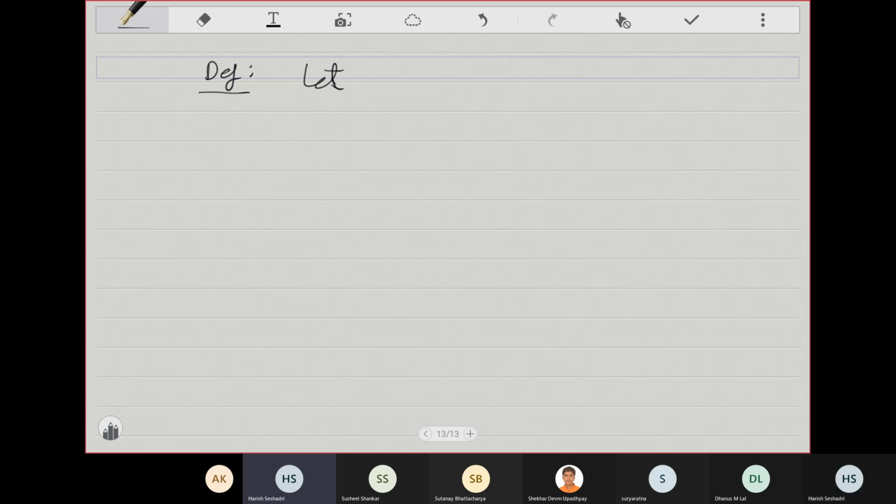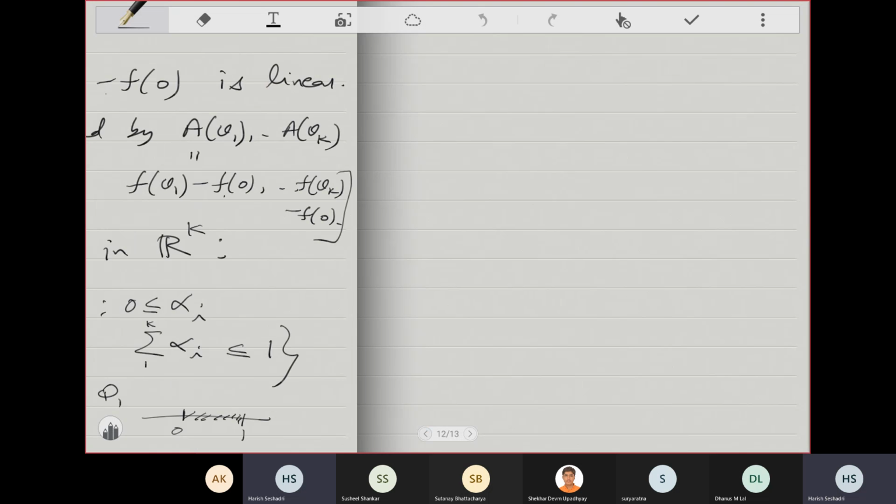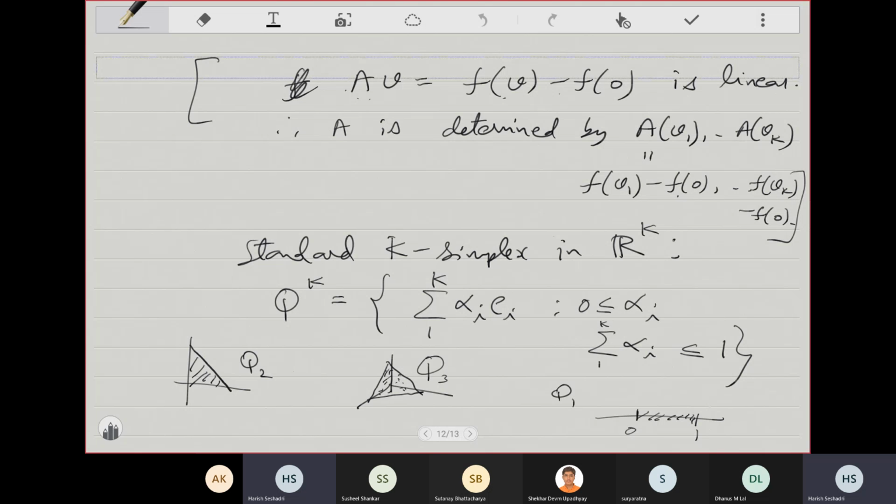So now what I want to do is notice that these standard k-simplices are actually subsets of R^k. In fact, they're just closures of certain nice open sets in R^k.